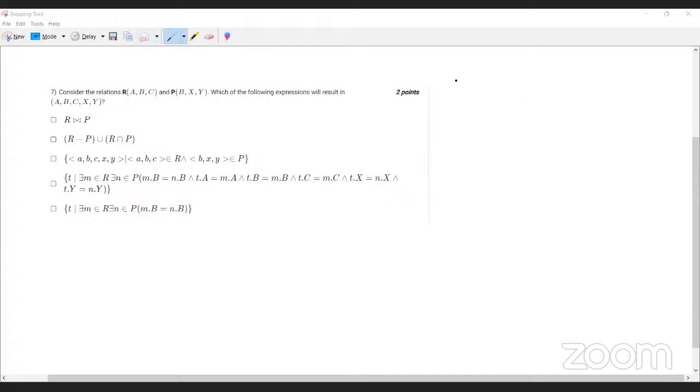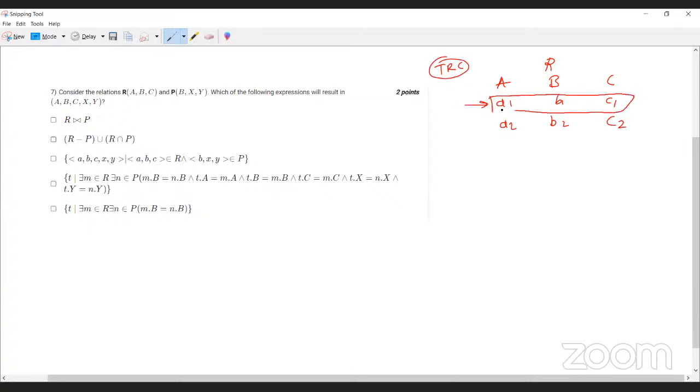Suppose for example we have one table, say R, with attributes A, B, C, and tuples A1, B1, C1 and A2, B2, C2. In tuple relational calculus, the query expression works on the tuples.